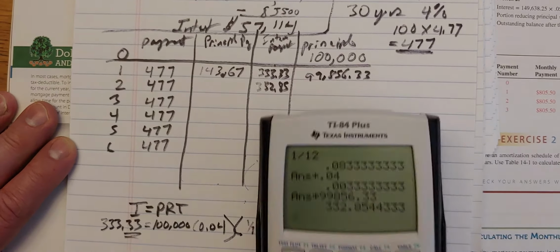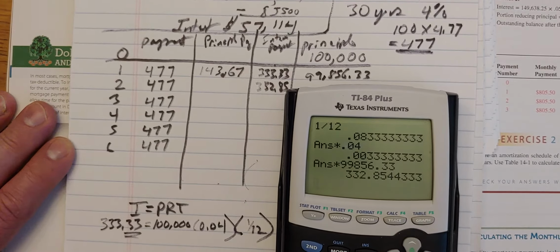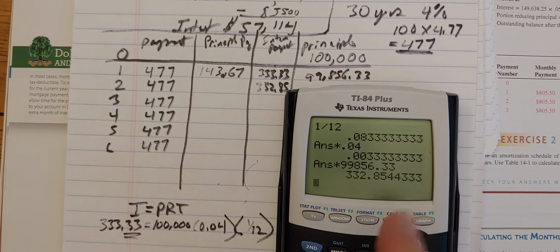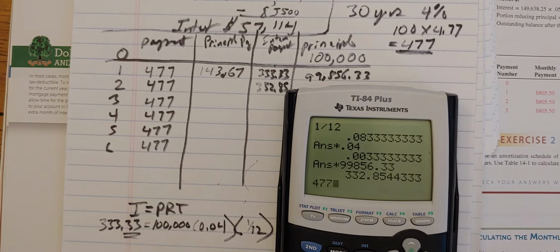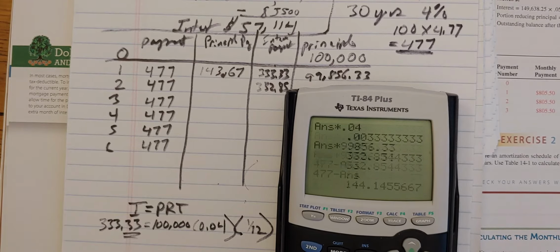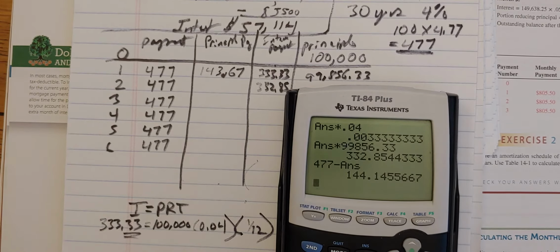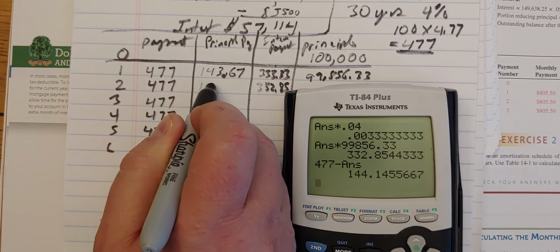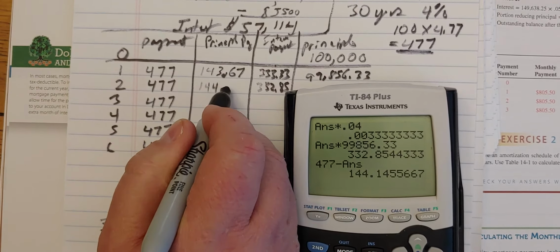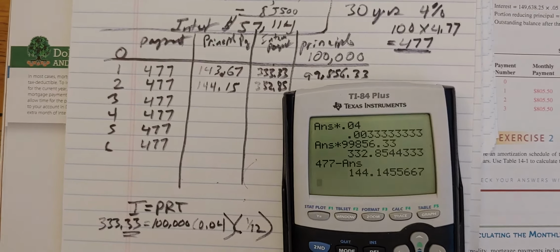Okay, so we take that amount and subtract it from our monthly payment, $477 minus $332.85, should be $144.15 if we round.